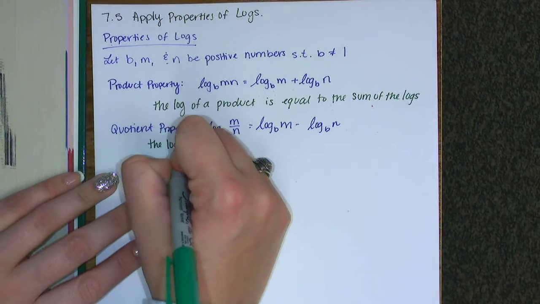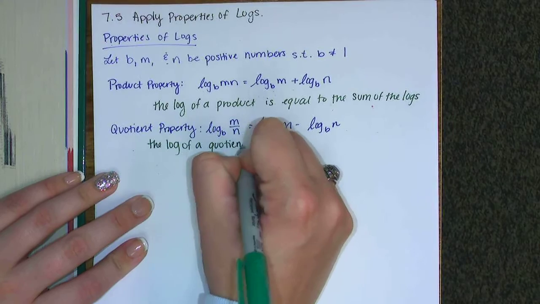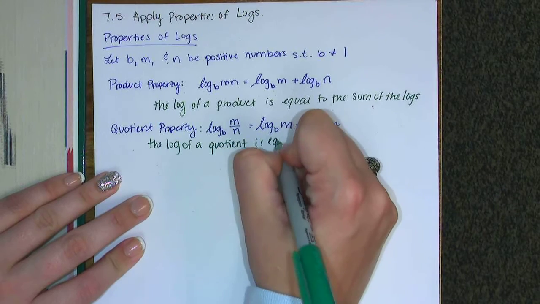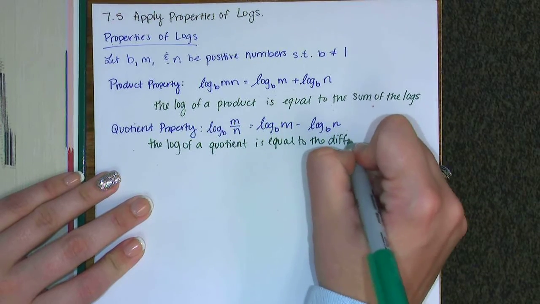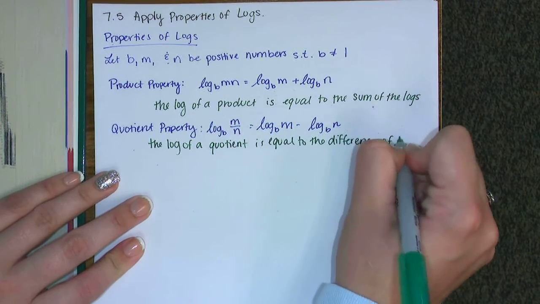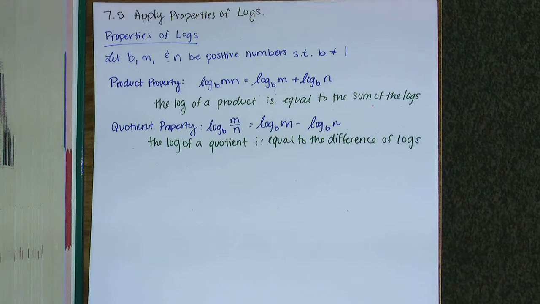The log of a quotient is equal to the difference of logs. Log of a quotient is equal to the difference of logs.